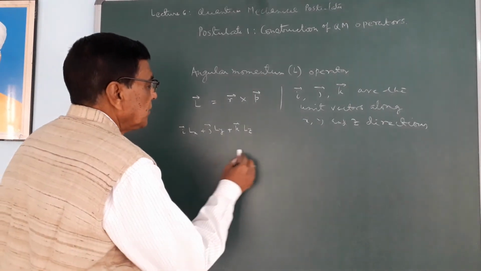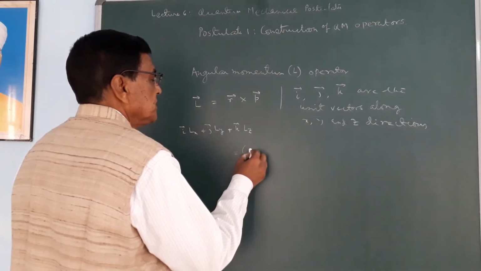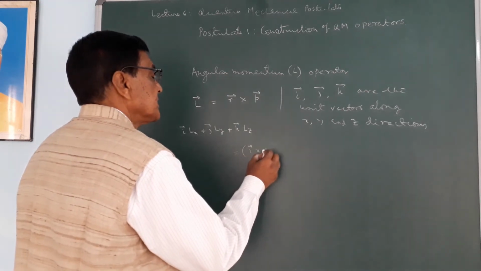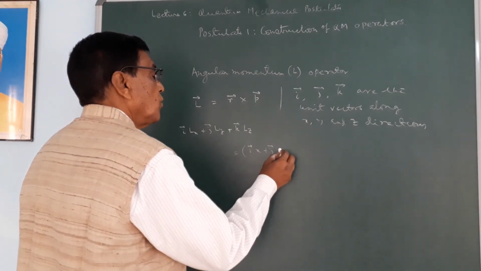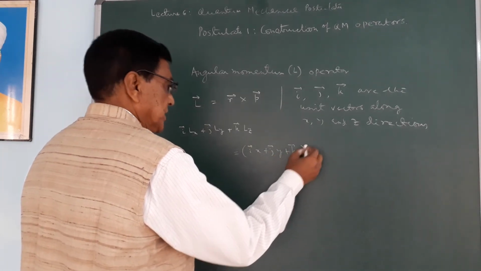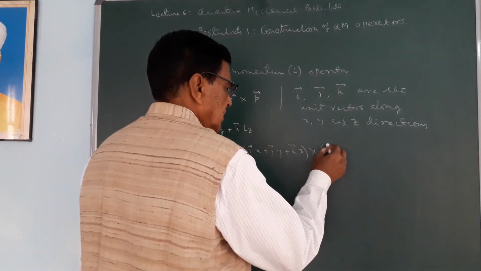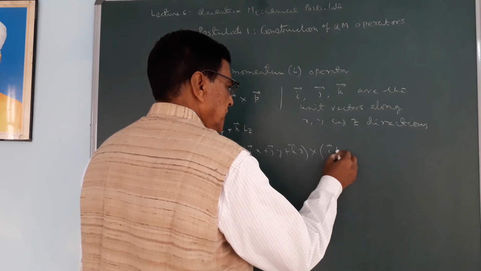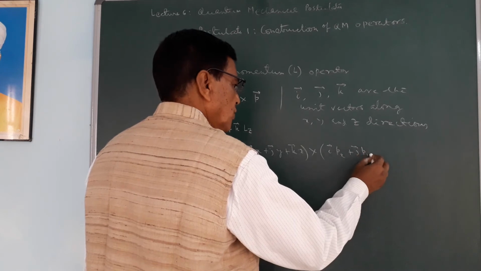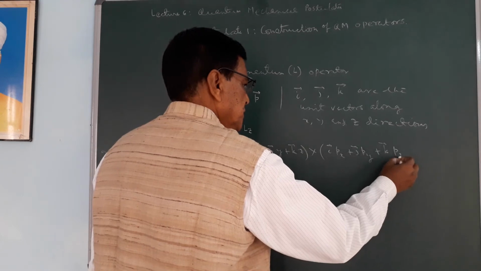And this is equal to, with position in terms of these unit vectors, (i vector x plus j vector y plus k vector z) cross product into (i vector px plus j vector py plus k vector pz).